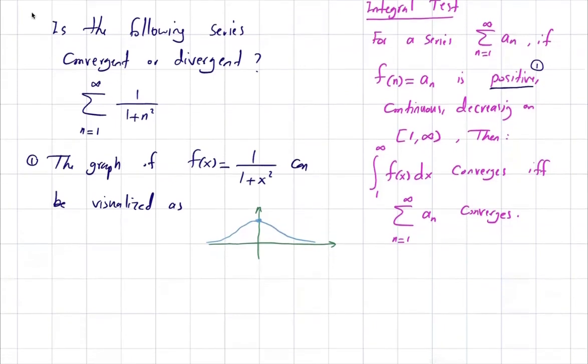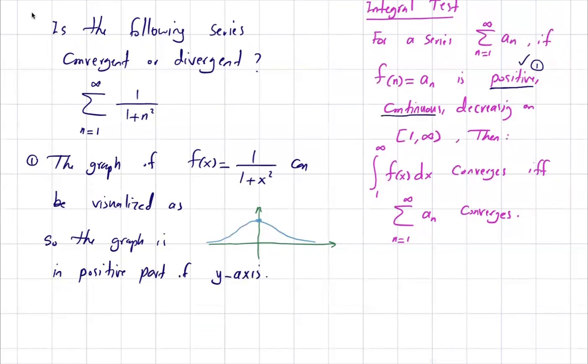So the graph is in the positive part of the y-axis. So the first condition is met. It is positive. What about the second condition? Is it continuous?